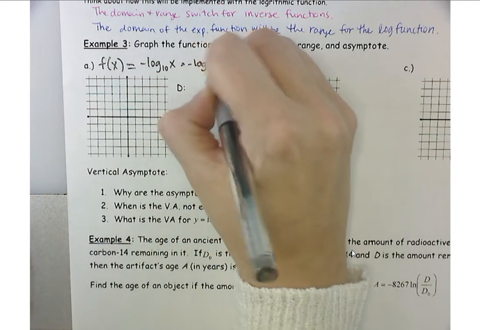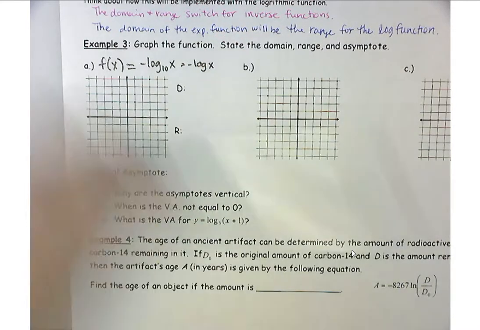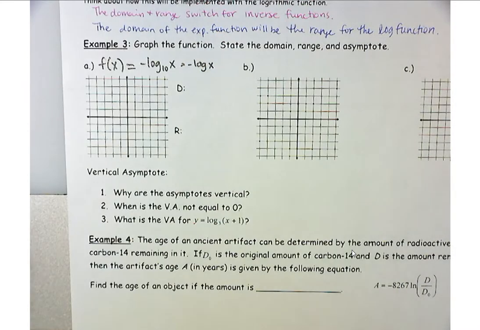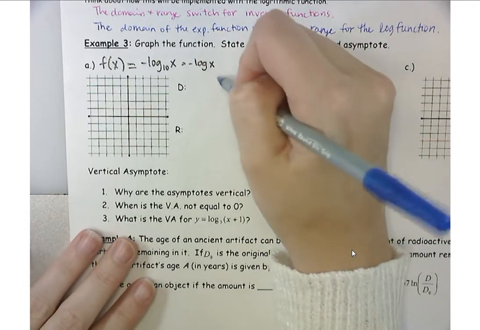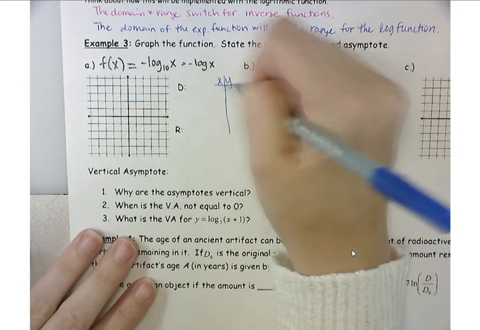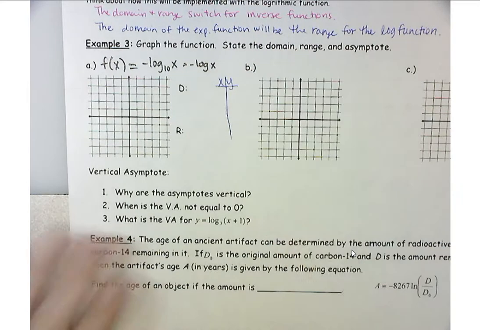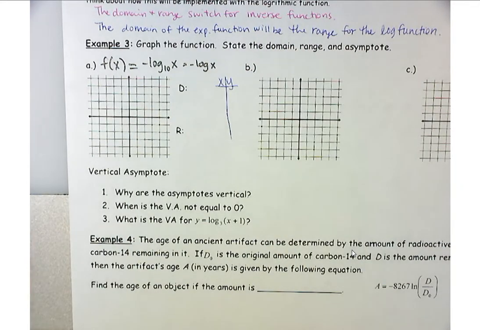This would be the same thing as negative log of x. Now, before when we were making our tables, what did I put for our x values? We decided good x values for exponential functions were -2, -1, 0, 1, 2. Okay, now keep that in mind.